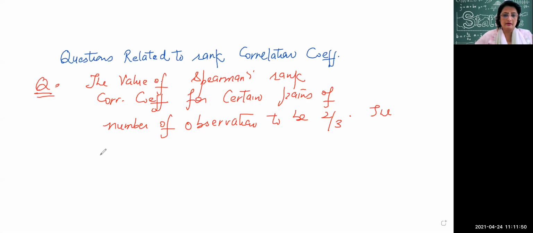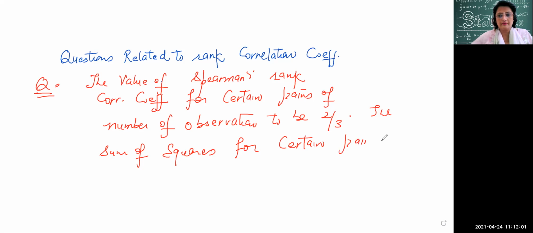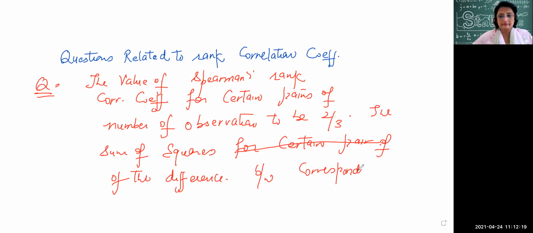The sum of squares for certain pair of, the sum of squares of the difference between corresponding ranks. जो ranks हैं, the rank given by x, the rank given by y, and the sum of squares of their difference.